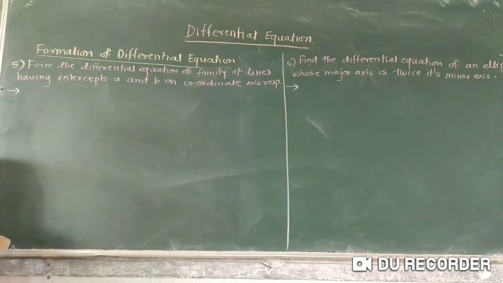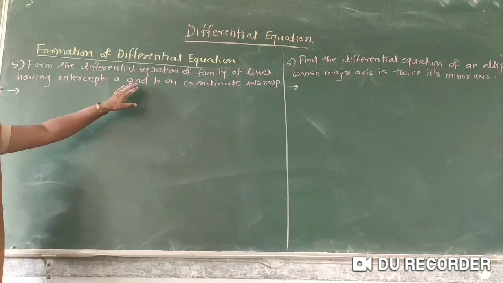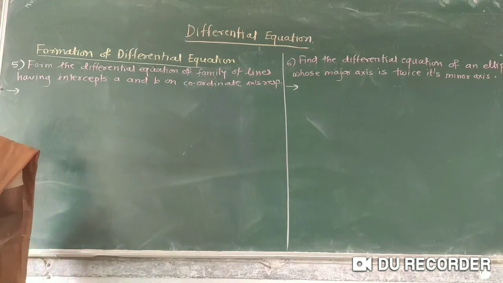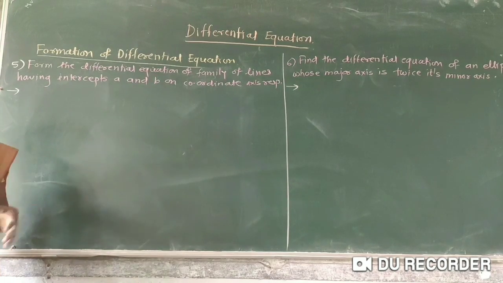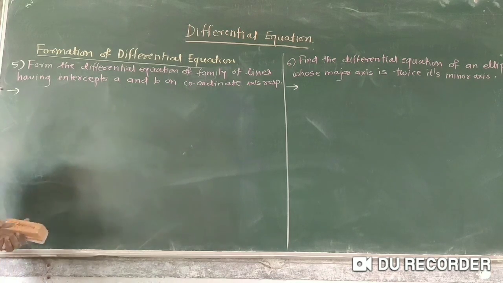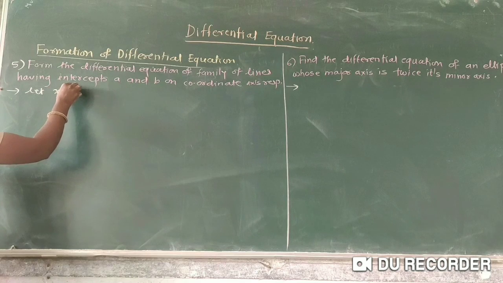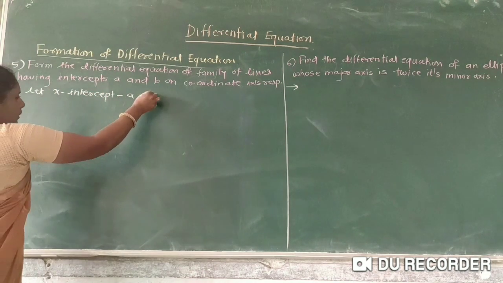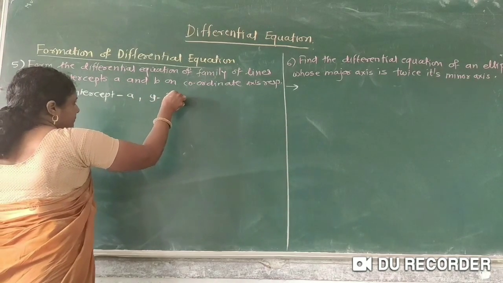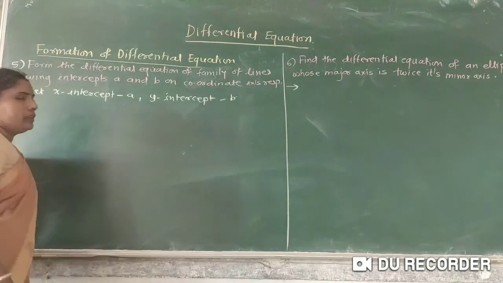Next example is, form the differential equation of the family of lines having intercepts a and b on the coordinate axes. That is, the x-intercept is a and the y-intercept is b.